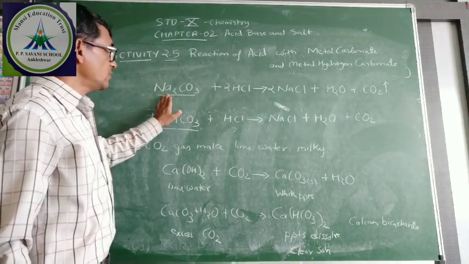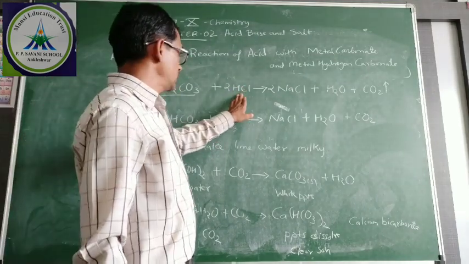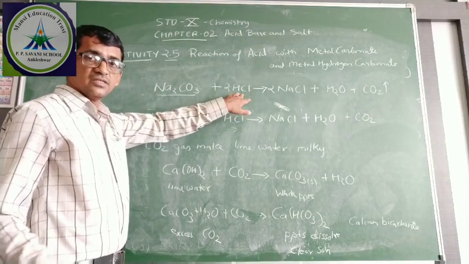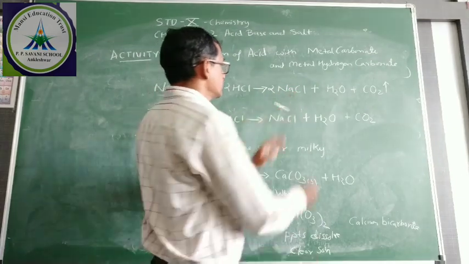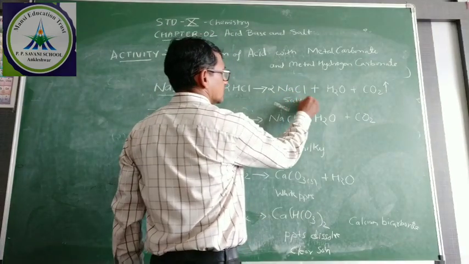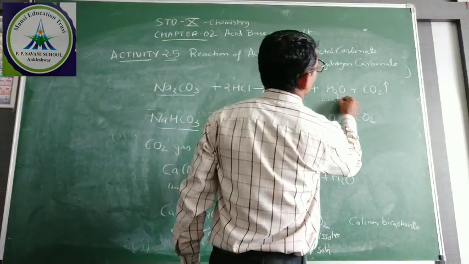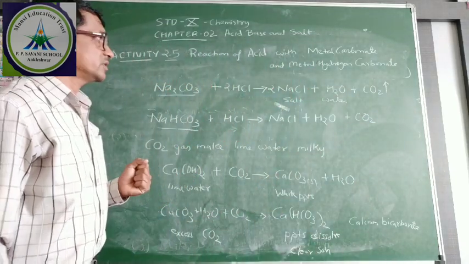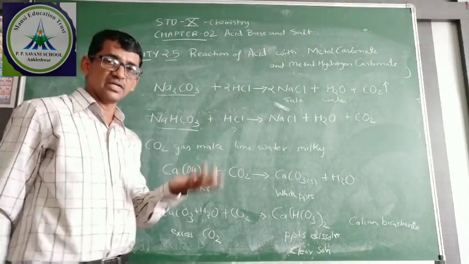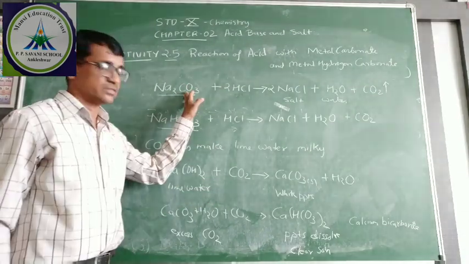So when carbonate reacts with HCl or any acid, hydrochloric acid, nitric acid or sulfuric acid, it gives salt, water and carbon dioxide gas. So bubbling of carbon dioxide gas is produced. If bubbling takes place, then carbonate is present.